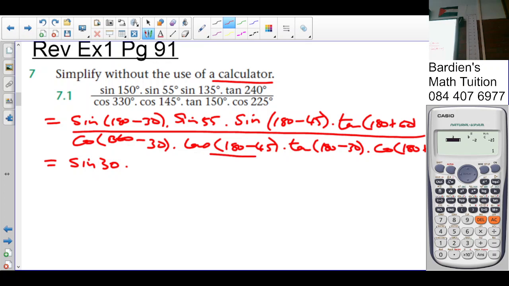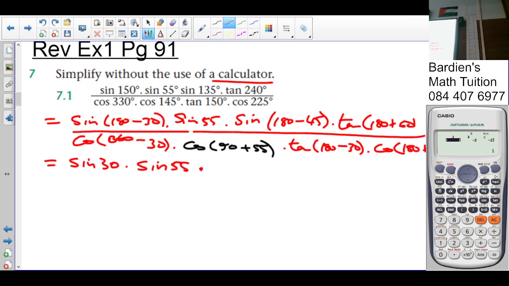I think I made a mistake. This should have been cos of 90 plus 55, sorry. There we go. So the cos will change to sine here as well. So that is going to be sine 55.